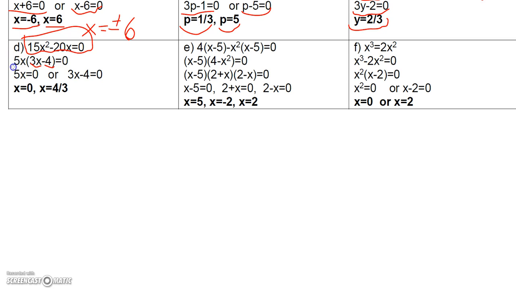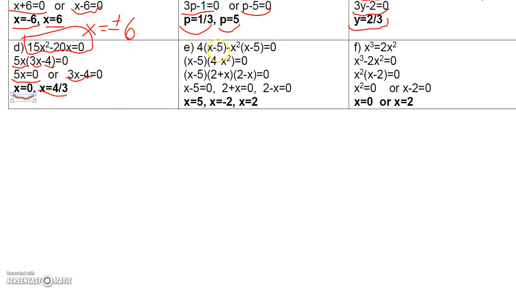So I get 5x times the binomial 3x minus 4. Now I set those two factors equal to 0: 5x equals 0, and 3x minus 4 equals 0. Here, if you divide both sides by 5, then x must be 0. And here, if you add 4 to both sides, then divide by 3, x equals 4/3.